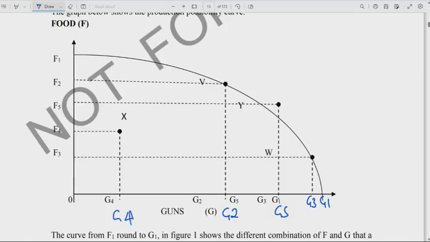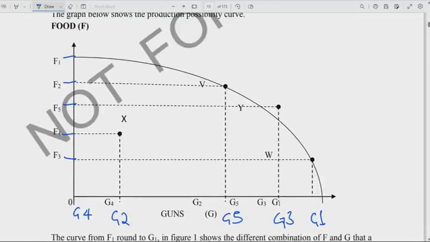Actually, I think it's supposed to be G4 here, then G2 here, then G5 here, G3 here, G1 here. Something like that. Here I think it's okay, so you can see they are aligned properly.